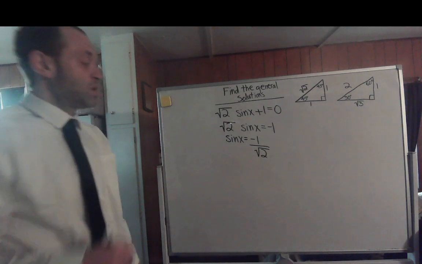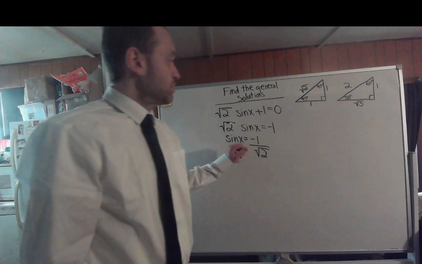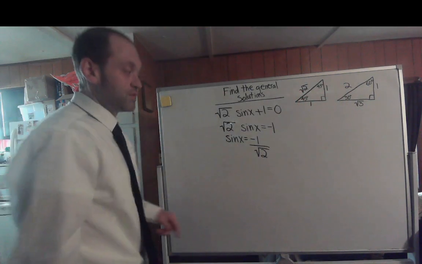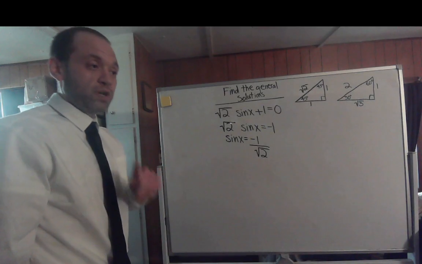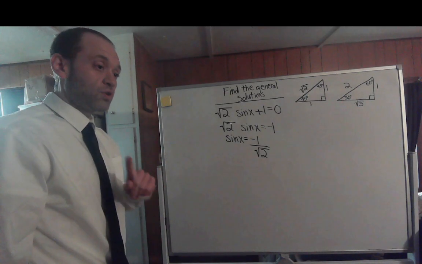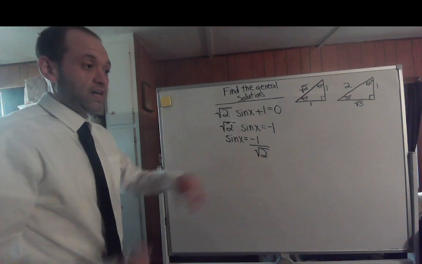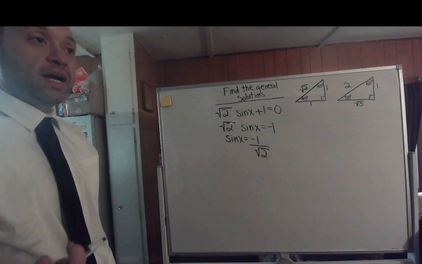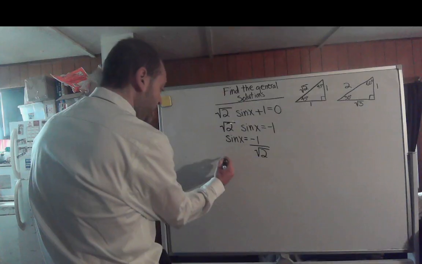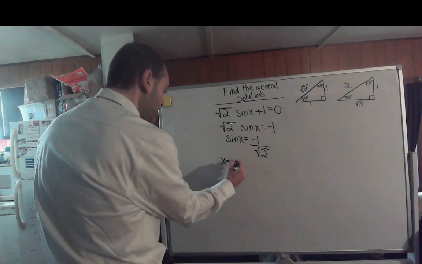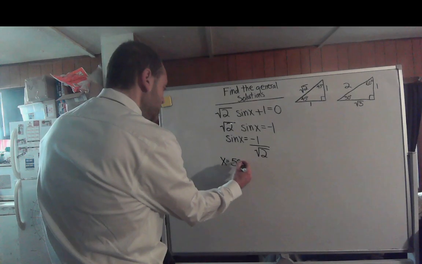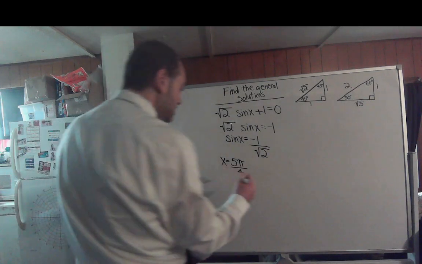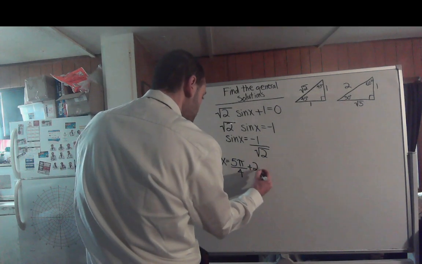Let's see. If we take the sine of 45, you get 1 over the square root of 2, but that's going to be a 45-degree reference angle. In the third quadrant, if you add 45 to 180, which would be pi over 4 to pi, you would get x equals 5 pi over 4. So x would equal 5 pi over 4 plus 2n pi.